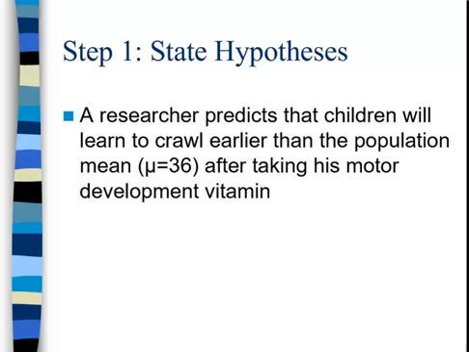It could be 35 months, 33 months, 29 months, I don't know. We're not at the stage where we're talking about that. We're just asking, what is the direction of this prediction? And it seems to me to be a less than prediction. The researcher predicts that their sample mean, the children that will learn to crawl, will be less than the population mean of 36.